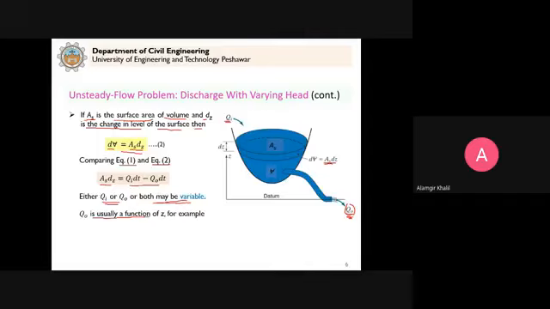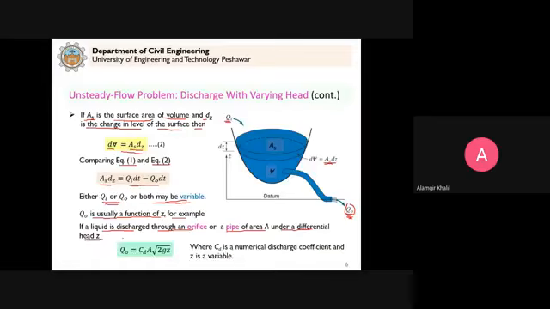Q naught is usually a function of Z. For example, if a liquid is discharged through an orifice or a pipe of area A under a differential head Z, then we can write this equation, where CD is a numerical discharge coefficient and Z is variable. So when Z is changing, the water level is changing, and it will change the discharge. Q naught is usually a function of Z, so it is variable.